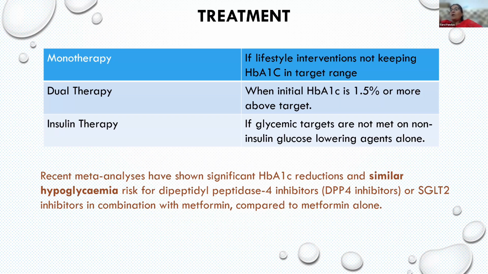I have encountered a patient recently with this combination having hypoglycemia. So this is new, and it has been emphasized in our guidelines as well. We need to ask about and look for this side effect when patients are on metformin in combination with a DPP4 or SGLT2 inhibitor.